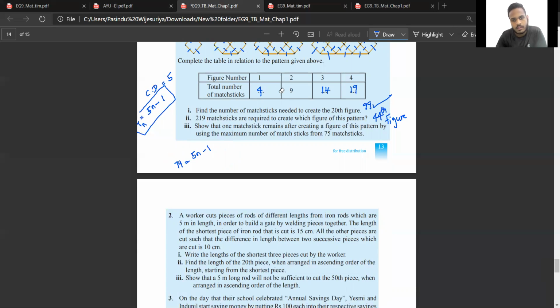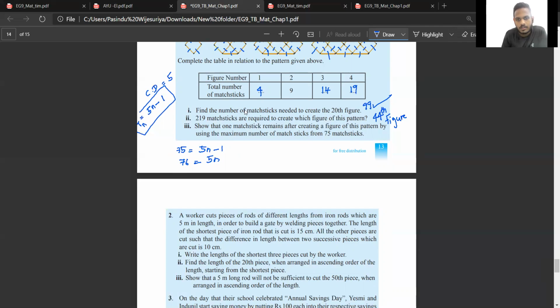When you bring it to the other side, it's 76, equals 5n.